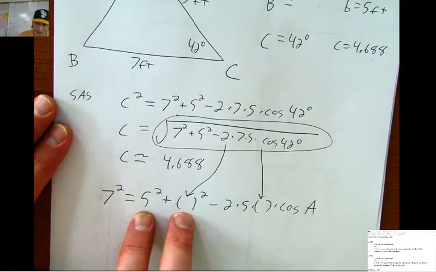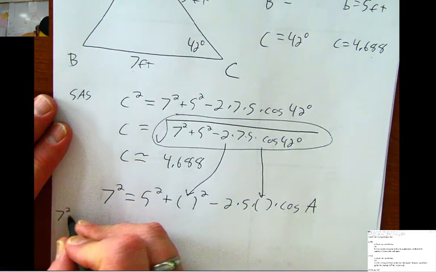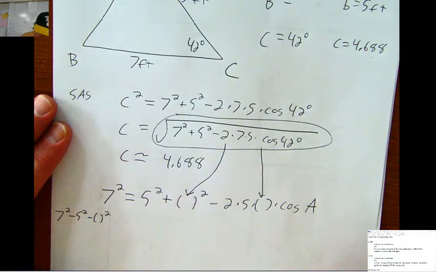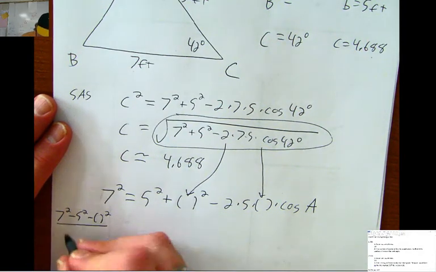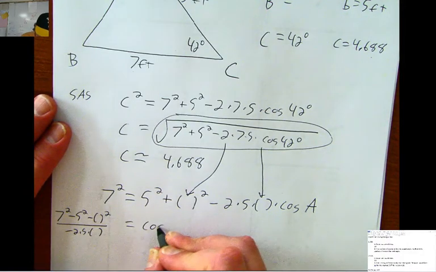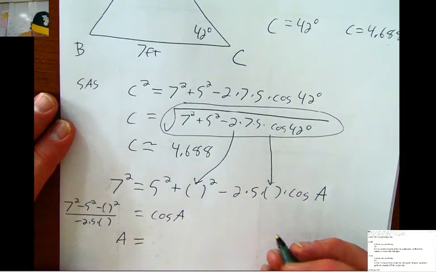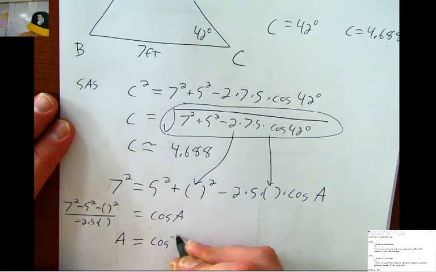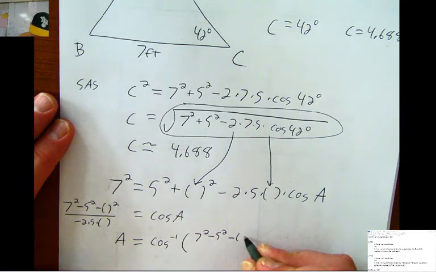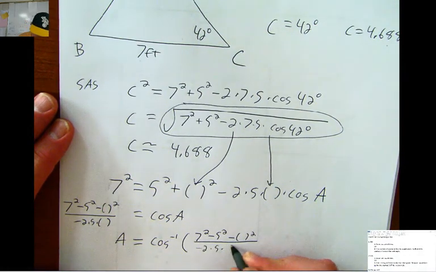Next, subtract this from both sides, divide both sides by that. So I have 7 squared minus 5 squared minus that stuff squared, divided by negative 2 times 5 times that stuff equals cosine A, which means A is equal to cosine inverse of 7 squared minus 5 squared minus that stuff squared, all divided by negative 2 times 5 times stuff.